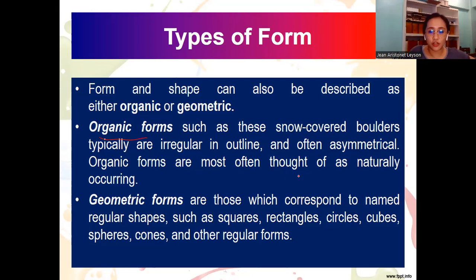Organic forms are most often thought of as naturally occurring, so forms that are natural or can also be seen in nature. Geometric forms are those which correspond to named regular shapes such as squares, rectangles, circles, cubes, spheres, cones, and other regular forms. So geometric forms are forms that can be seen in geometry.